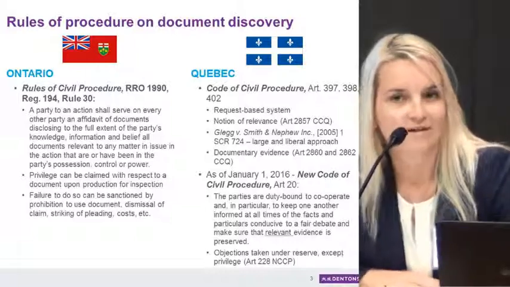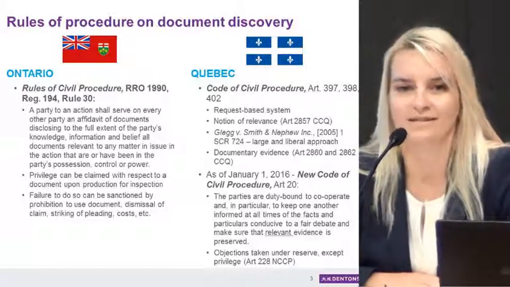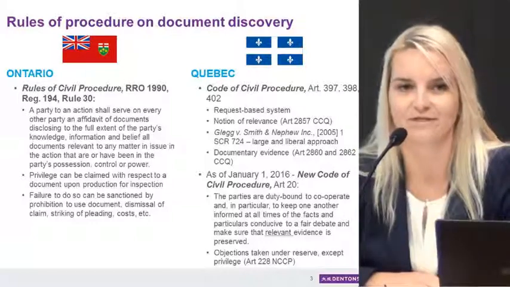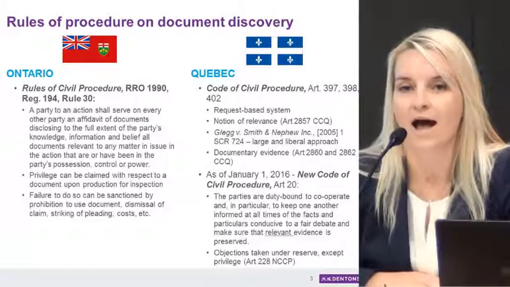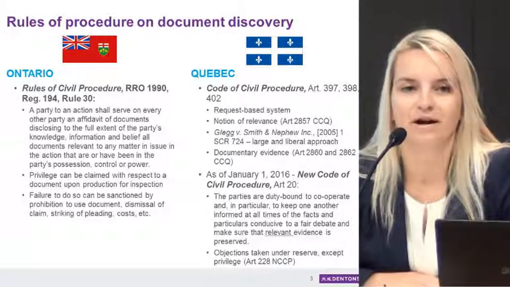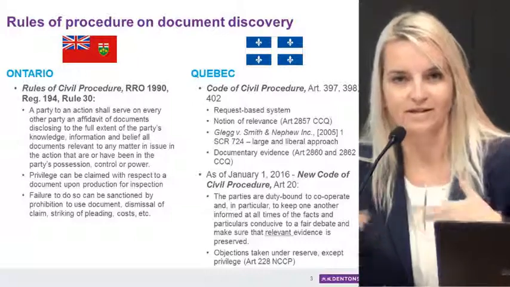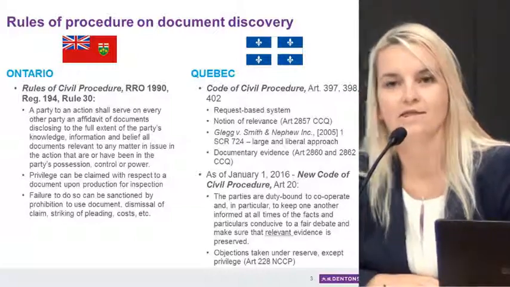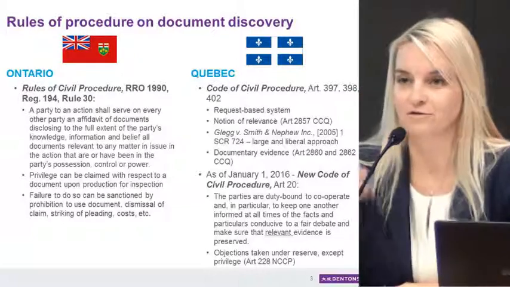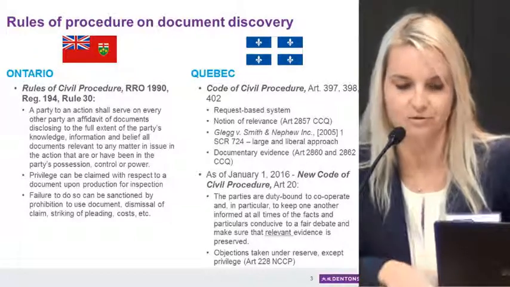Under Quebec law, it's a request-based system, so we don't list the documents we have in our file. The opposing party has to ask for them during the examination on discovery process. During the examination, the other party will ask for undertakings, and then the party will have to provide the documents which were asked for. So we'll go through the rules.